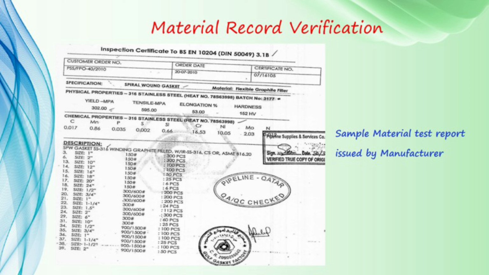Then here we can see the order, certificate number, and batch number is also mentioned. For this heat number and batch number correlation, the QC inspector has to ensure that these details are mentioned on the gasket or the packing of the gasket. So he has to correlate and accept the mill test certificate based on the verification of these parameters of physical and chemical properties.